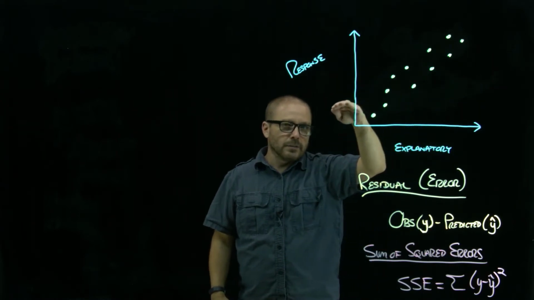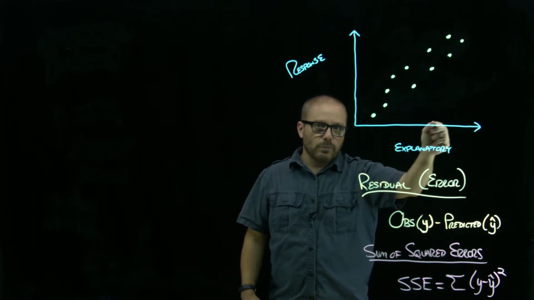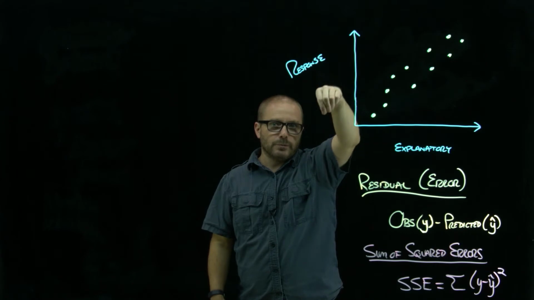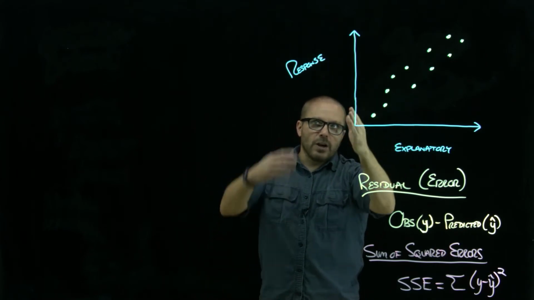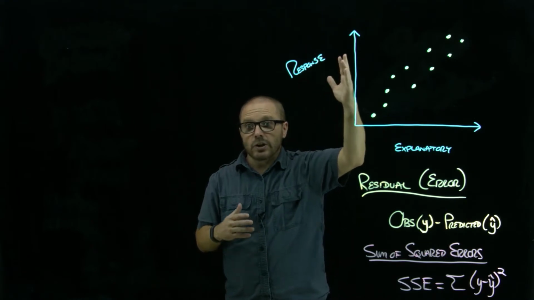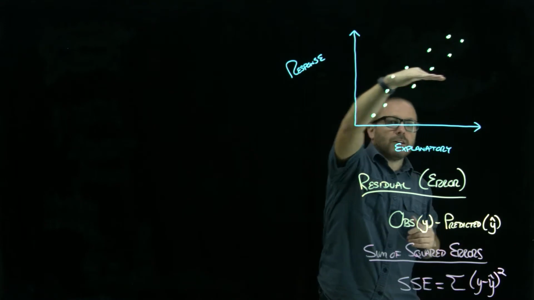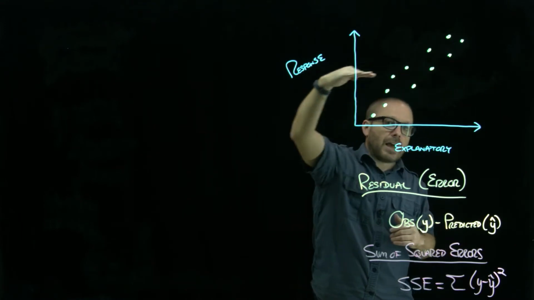In other words, varying this variable would predict no change in this variable. So if there's no connection, changing the explanatory is not going to predict a change in the response. So kind of a worst case scenario, no connection, would be a flat line.